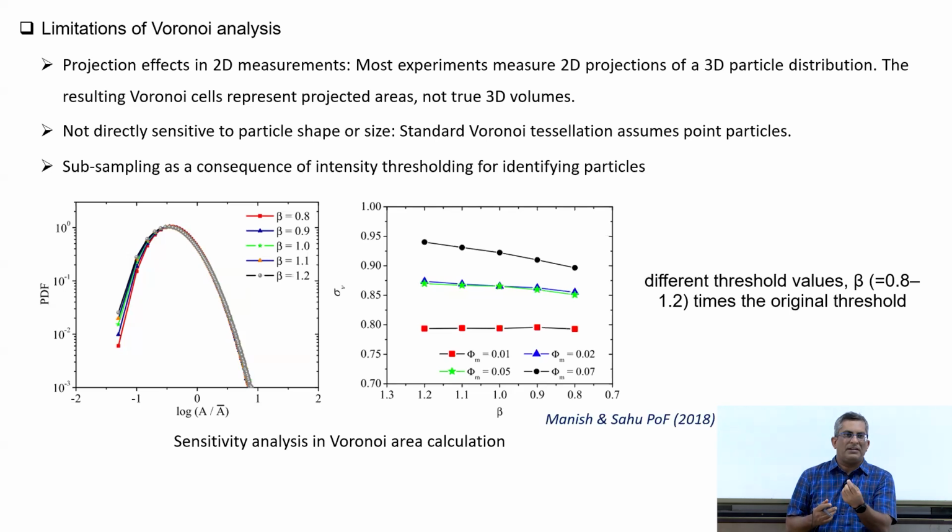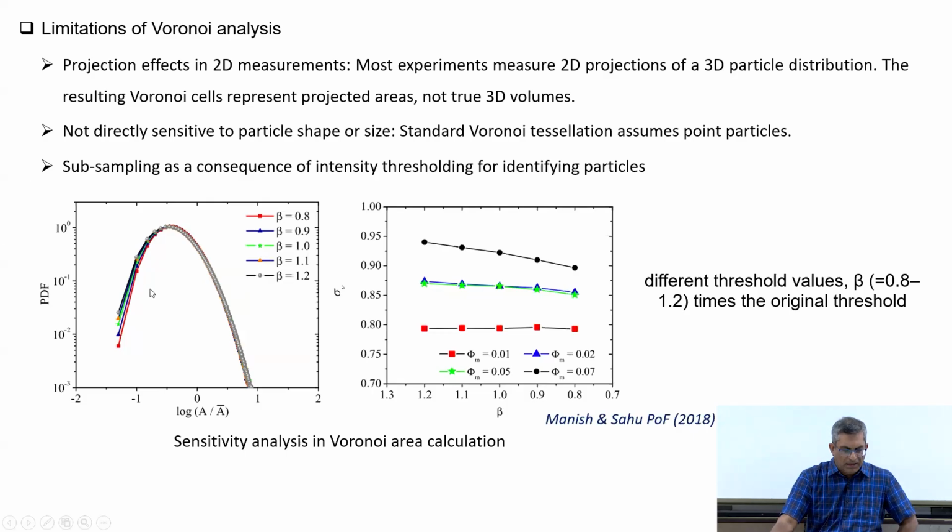So, a small particle which is lying towards the edge of the sheet will have smaller intensity. So, we will tend to reject it or filter it out, while we will always pick up larger particles. So, this problem itself can cause some bias.